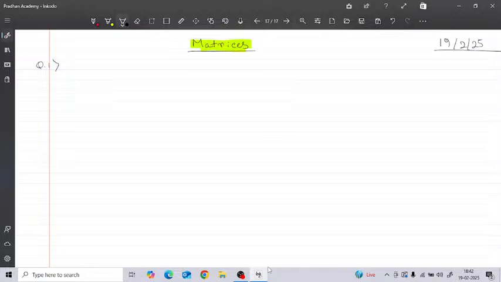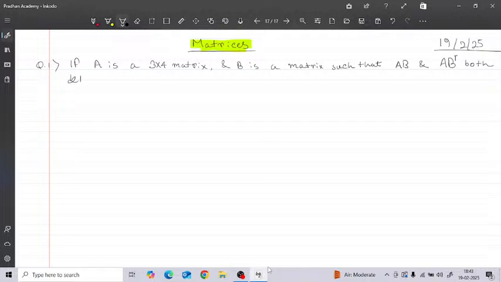If A is a 3 cross 4 matrix, and B is a matrix such that AB and AB transpose are both defined, then find the order of B.